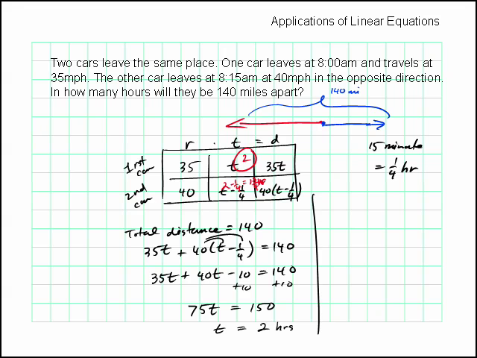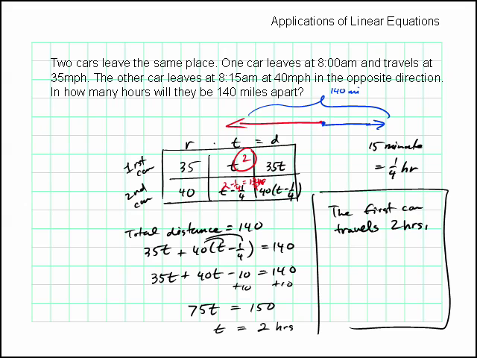So our answer is right here: the first car travels 2 hours, the second car travels for 1 3/4 hours. Remember that it left 15 minutes later, so it was traveling for 15 minutes less time, as we specified right there. Okay, next one.